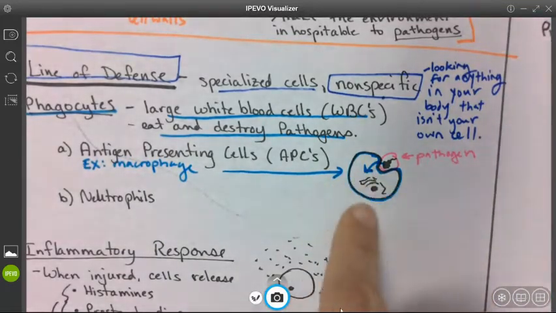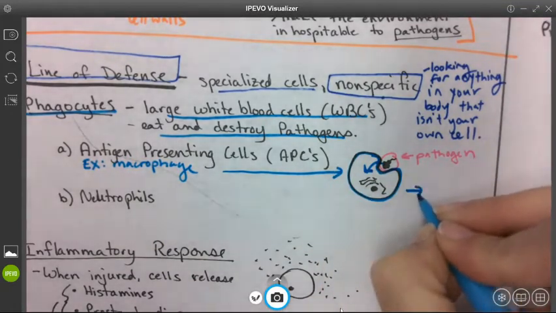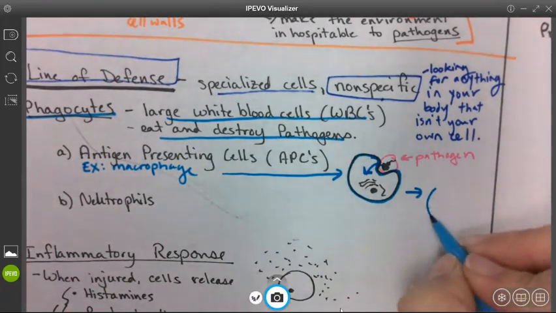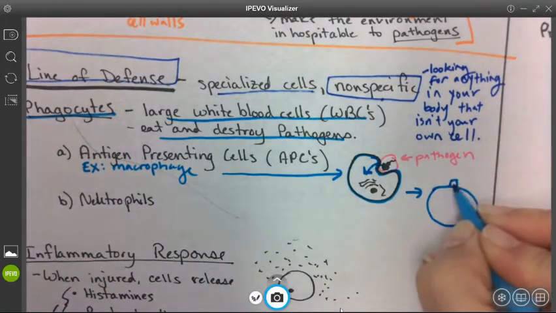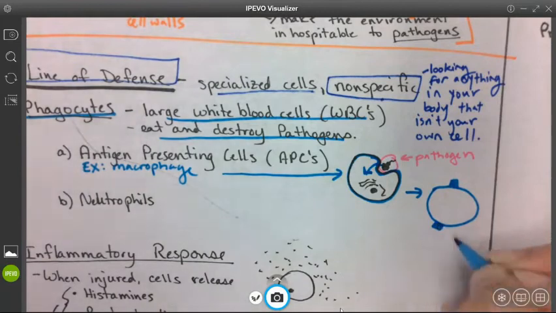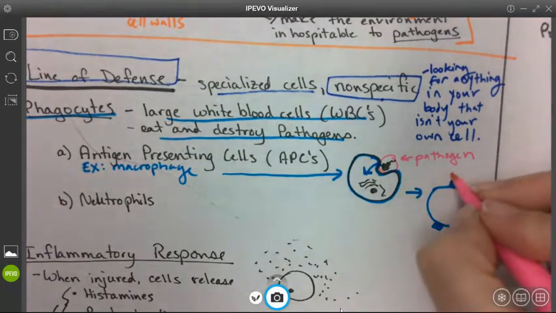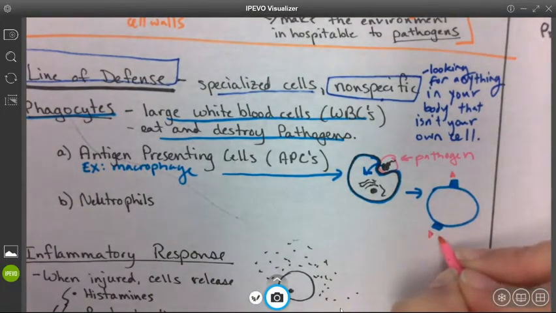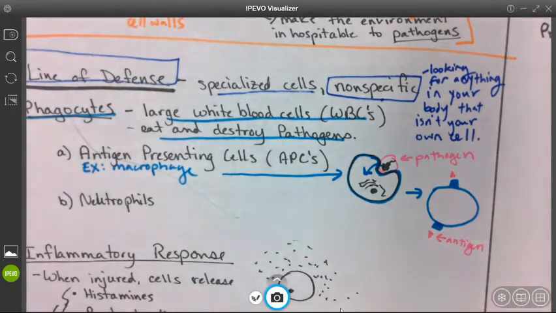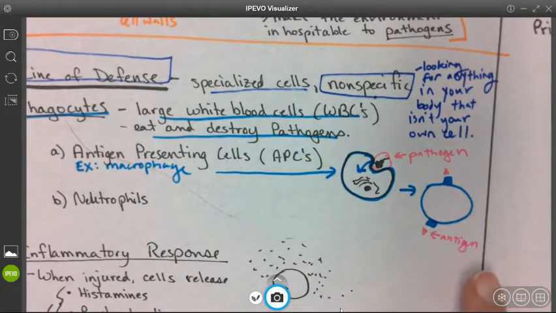It's going to break that pathogen into little pieces, and it's going to display parts of the pathogen on the outside of its cell. And that part of the pathogen is called the antigen.